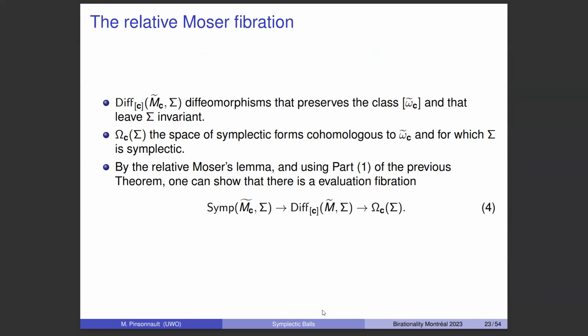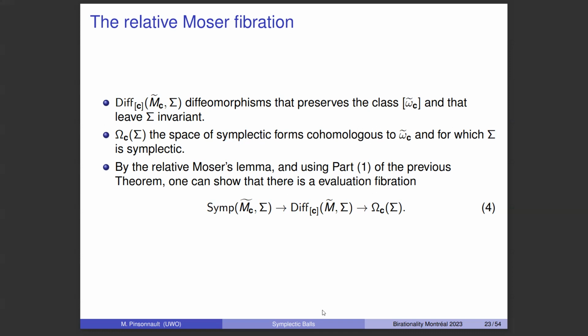Now we want to take advantage of everything that is known about rational manifolds. And what we will do is that actually we will look at another fibration that is closely related to the original Moser fibration. So remember that if you take the space of the symplectic forms cohomologous to one given form, you take a component here, and you take a path inside this component.